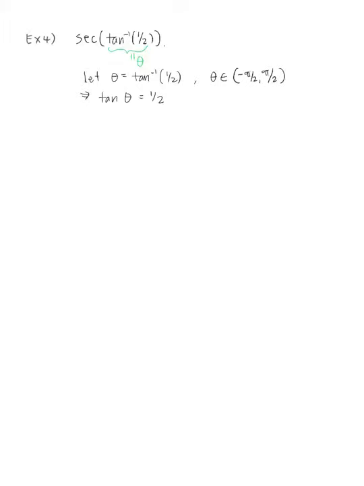Alright, now tangent is opposite over adjacent. Keep that in mind. Oh, sorry, I skipped this step right here. Now tan of theta is positive, so let's determine which quadrant that is. Tangent is positive in either quadrant 1 or in quadrant 3.